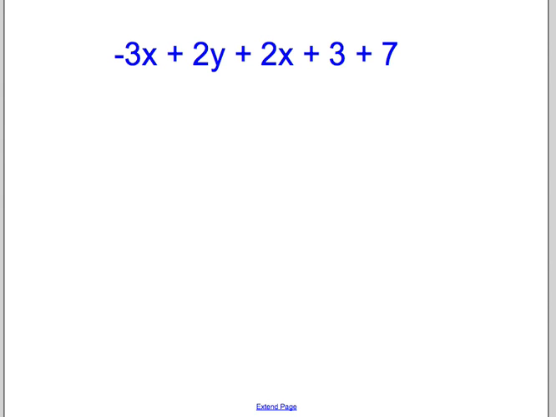The terms in this expression are separated by plus or minus signs. So our first term is minus 3x, or negative 3x. Our second term then is this plus 2y.